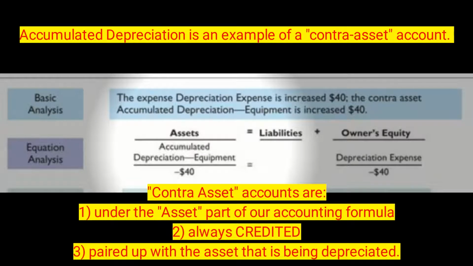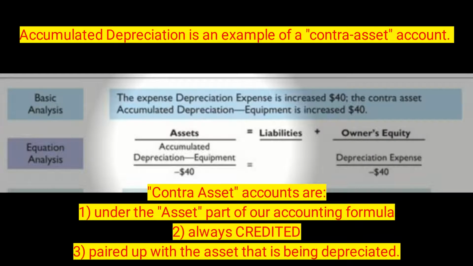This is what's called a contra asset account, meaning it's an account that sits on the asset side that is always credited, and it's paired up with equipment in this example, but whatever's being depreciated has an accumulated depreciation account. And we'll look at this in a moment in greater detail.